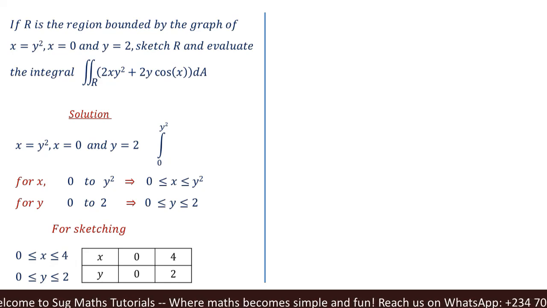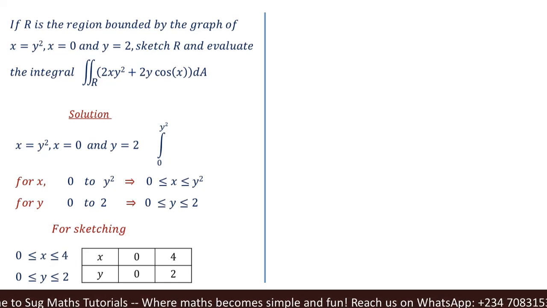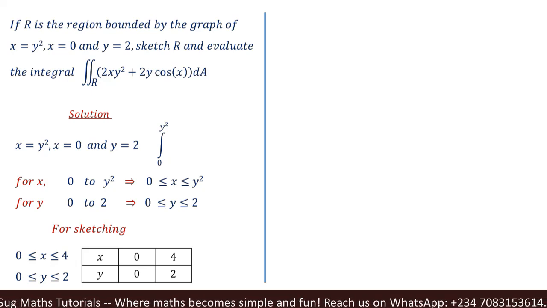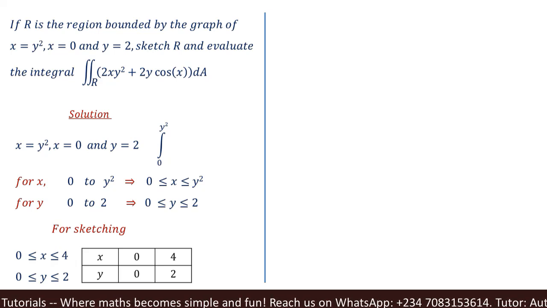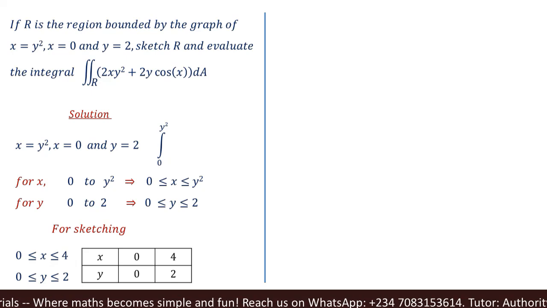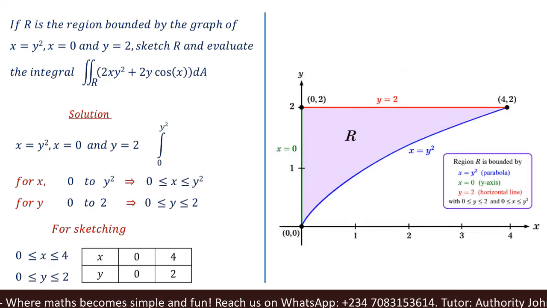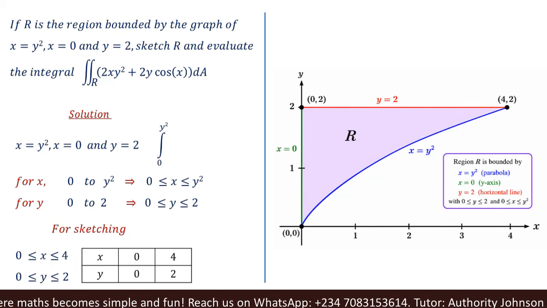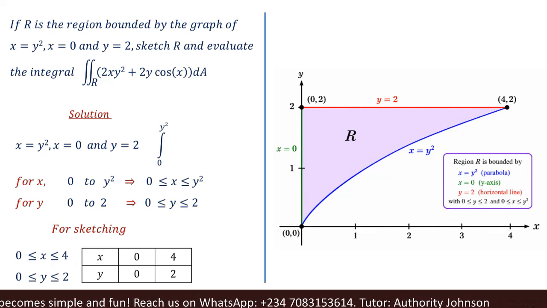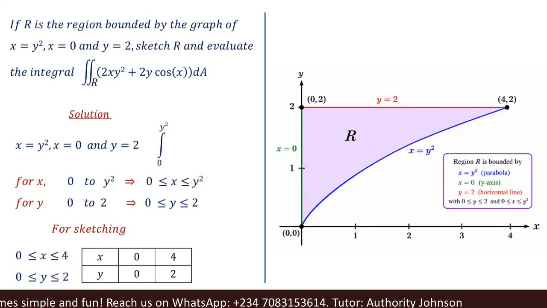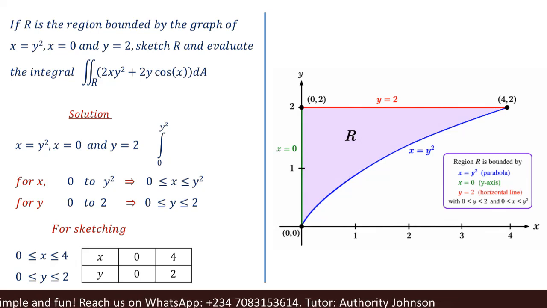With this information, let's plot the graph. Plotting the graph, this is how it is going to look, not exactly the way it is. Now, look at this shaded part. This is the region that we are actually asked to evaluate.